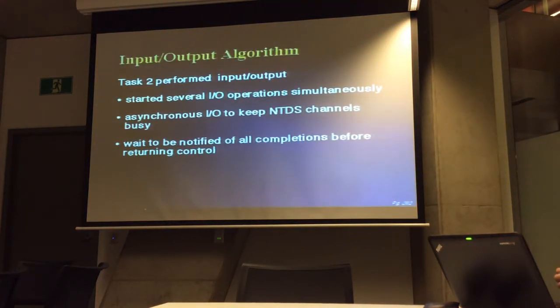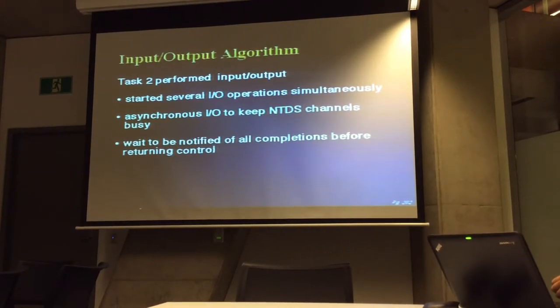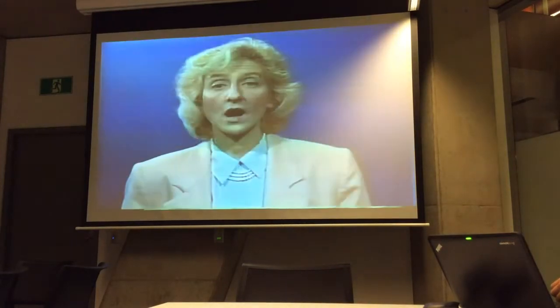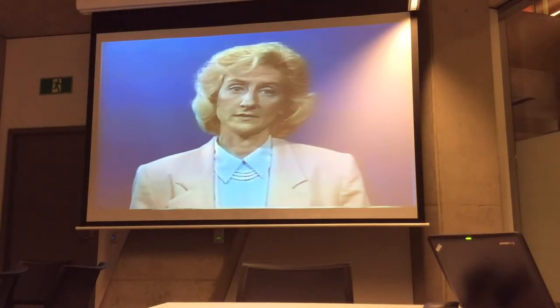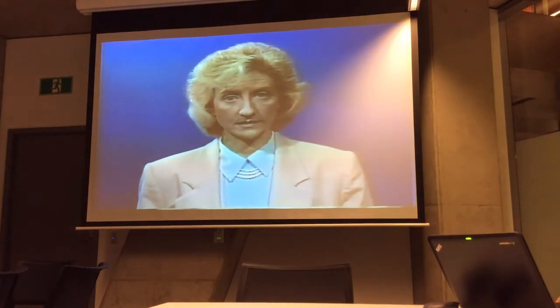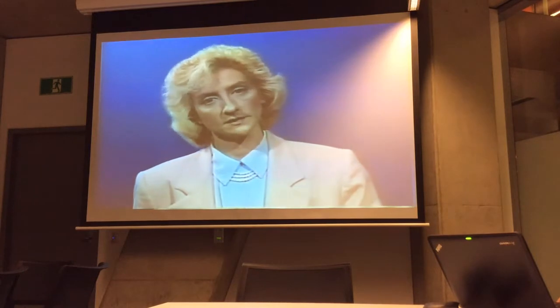Obviously, that's a good, efficient use of NTDS channels. However, in a real-time system, when you have a task that waits, there's probably a priority inversion going on, because some task is locking up the system while not getting anything accomplished, and other higher priority tasks are unable to run. The fix was not a difficult one. They switched the algorithm in task 2 from asynchronous I/O to synchronous I/O.